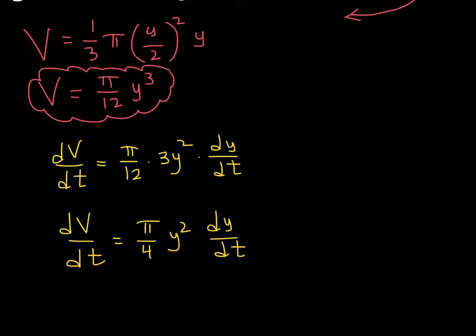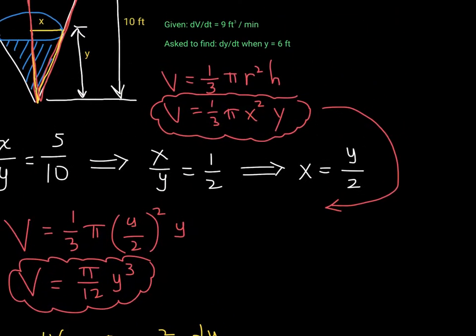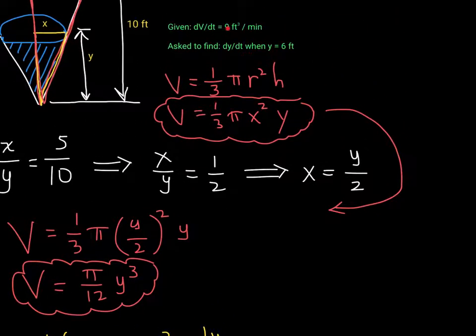Now, we know the left-hand side. We were given dV/dt, right? Remember the rate at which the volume of the tank is changing was 9 cubic feet per, I'm forgetting. Let me scroll back up all the way to the top here. Oh, it's right here. 9 cubic feet per minute. Remember, that's dV/dt.